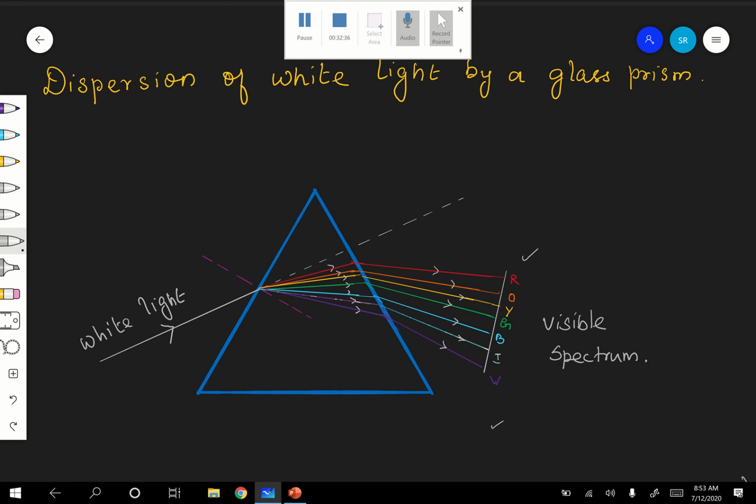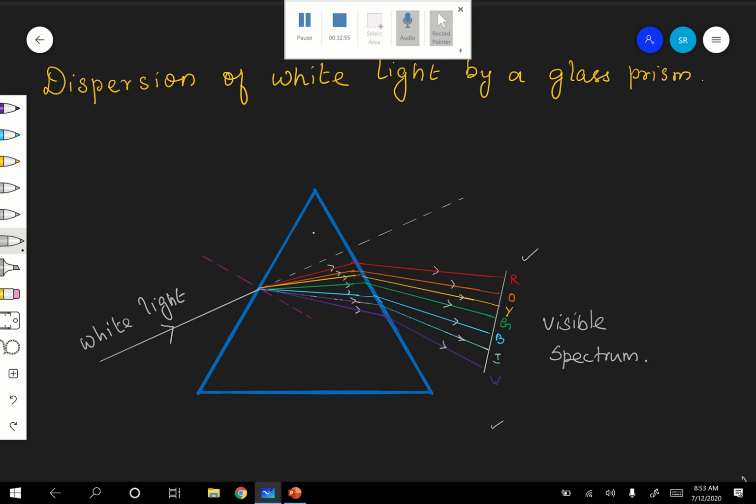Whether it is going from rarer to denser, the speed will decrease, and when it goes from denser to rarer, the speed will increase.